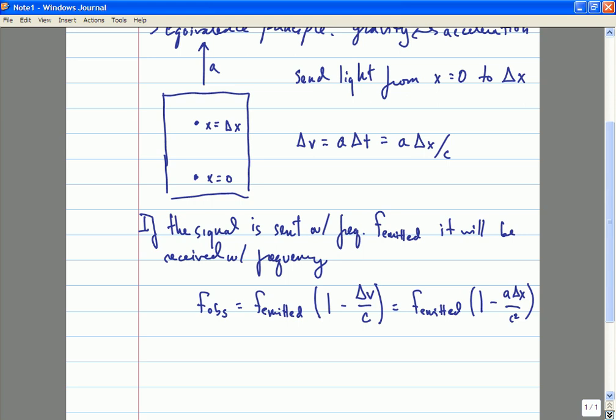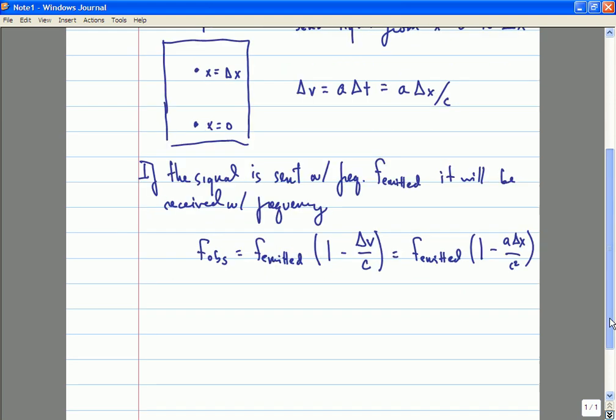Let's just talk about Newtonian physics. Time is universal. X is universal. X is the x coordinate that's accelerating along with the elevator. Yeah. So I used here the Doppler formula of non-relativistic physics. I used the Doppler formula that you learned in high school physics, not the relativistic redshift and blueshift formula. Good question.